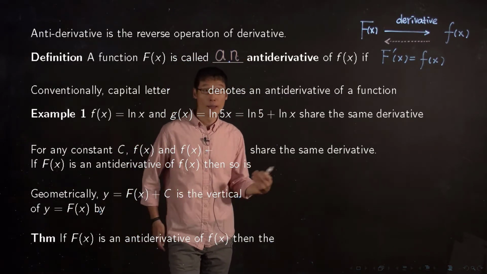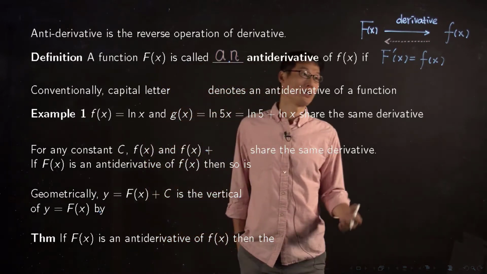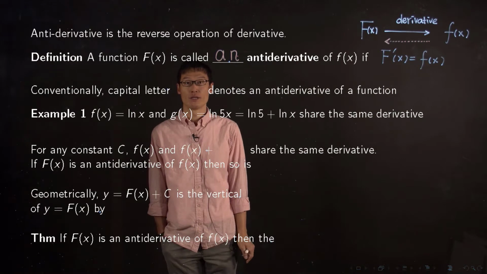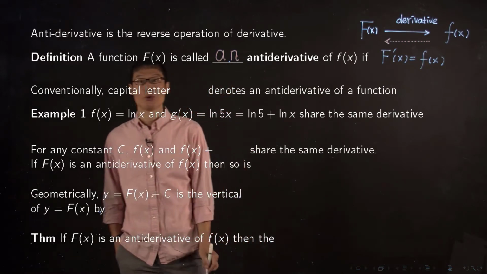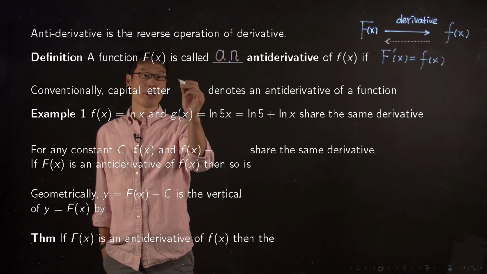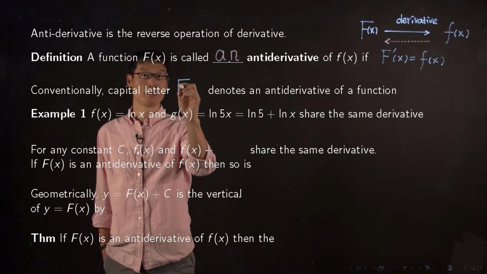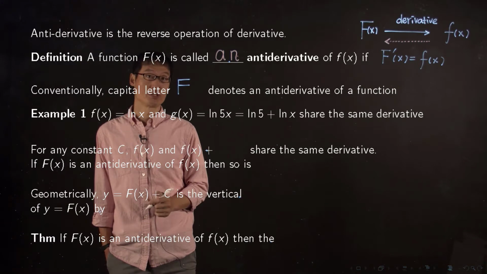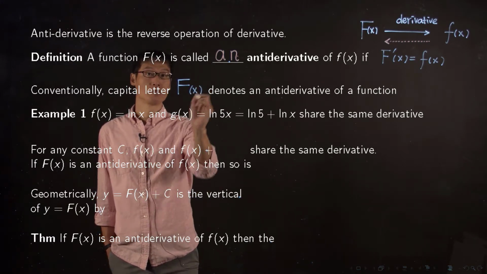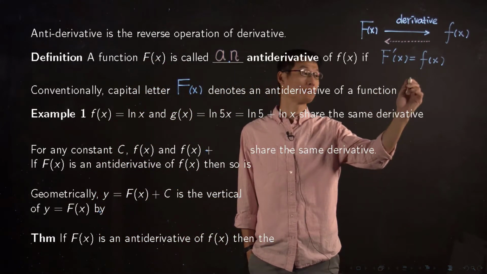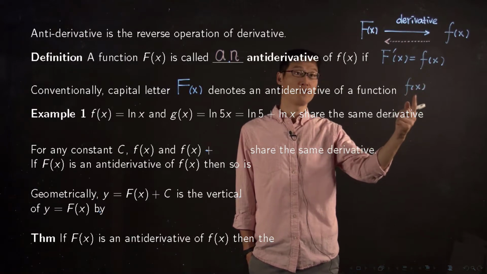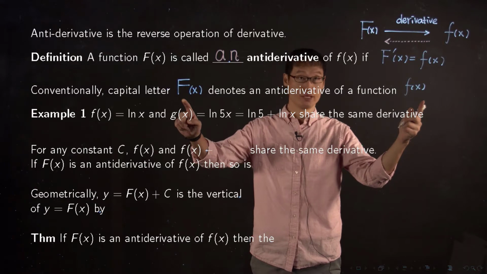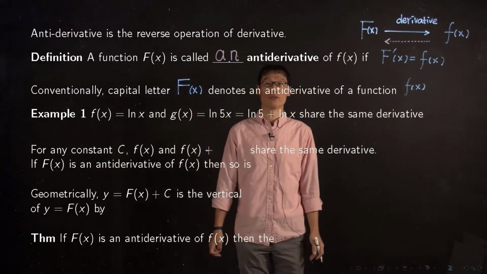We will see there are a lot of antiderivatives even for a single function. Conventionally we use capital letter F to denote antiderivative of function small f. If you're given small g, capital G will be the antiderivative of the function.